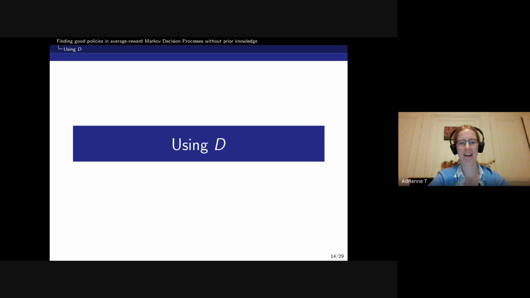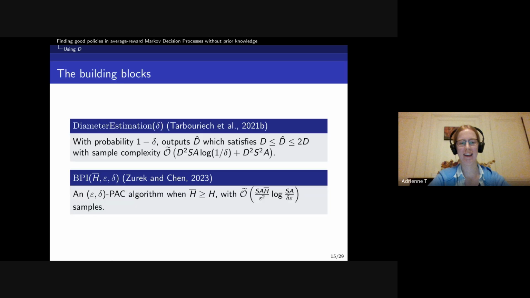And so that's what we're going to do, at least firstly in the generative model. So in the generative model, remember that we assume that we can just move anywhere we want, as we want. We can sample from anywhere. We're not really bound by the state we end up in. And we're going to try to use the diameter instead of the optimal bias span.